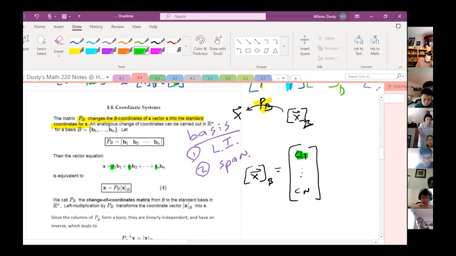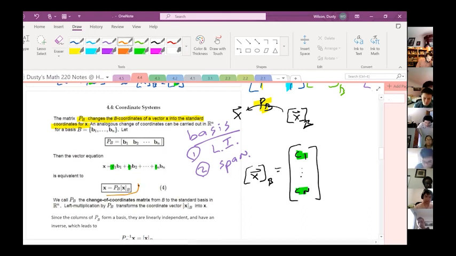They're the weights that are associated with the B basis vectors. Okay. So this vector equation X equals C1b1 plus C2b2 plus ... plus Cnbn is equivalent to PB times the B coordinates of X.